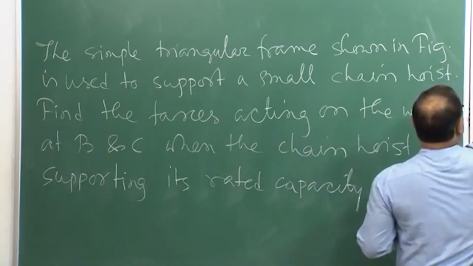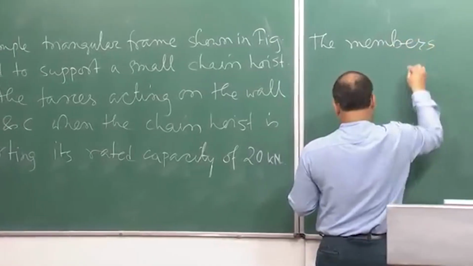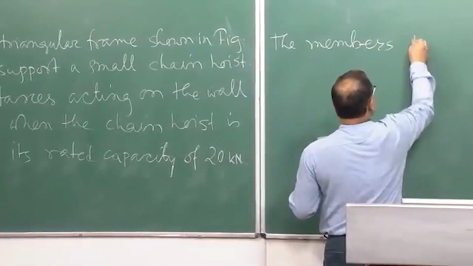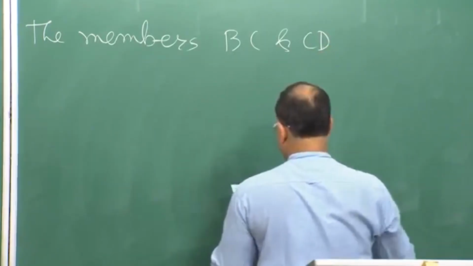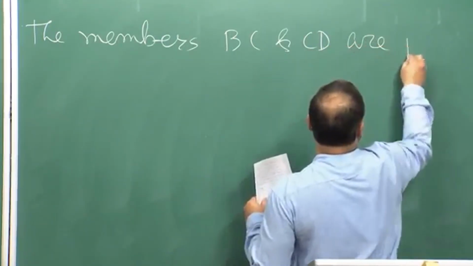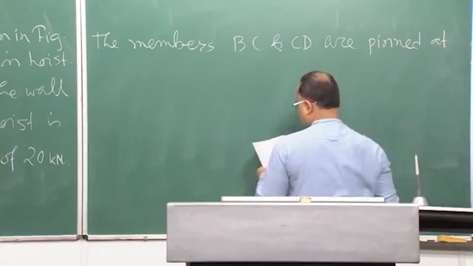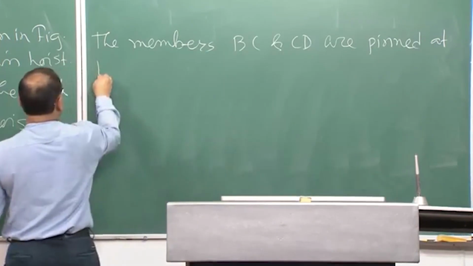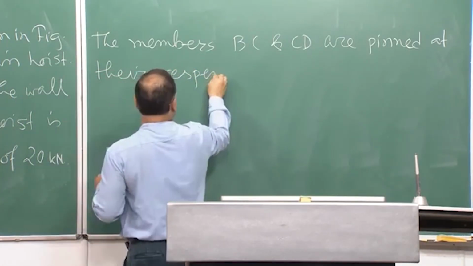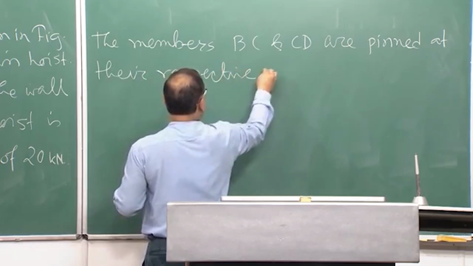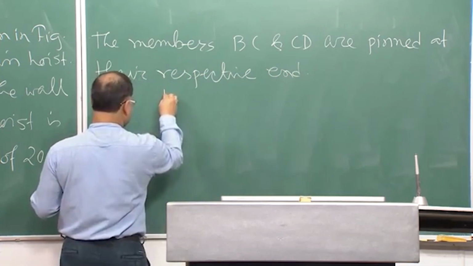The members BD and CD are pinned at their respective ends. Okay. The figure is looking like this.